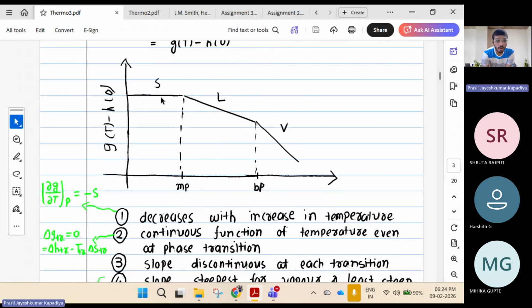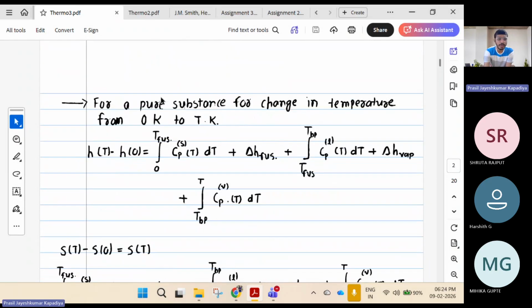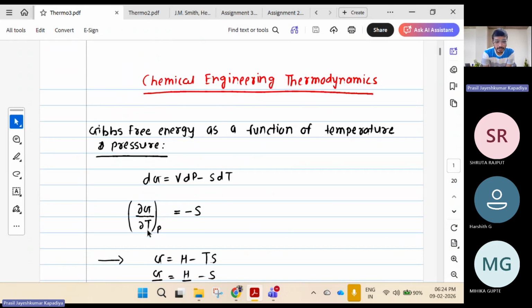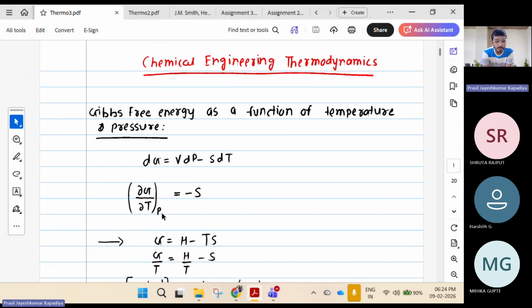Okay, so if I plot it, we know from here that del G by del T at constant pressure is minus entropy. What does minus entropy mean? Let's say I'm increasing the temperature. What is going to happen? Is entropy going to increase, is the slope positive, or is the slope negative? Can anyone tell me?